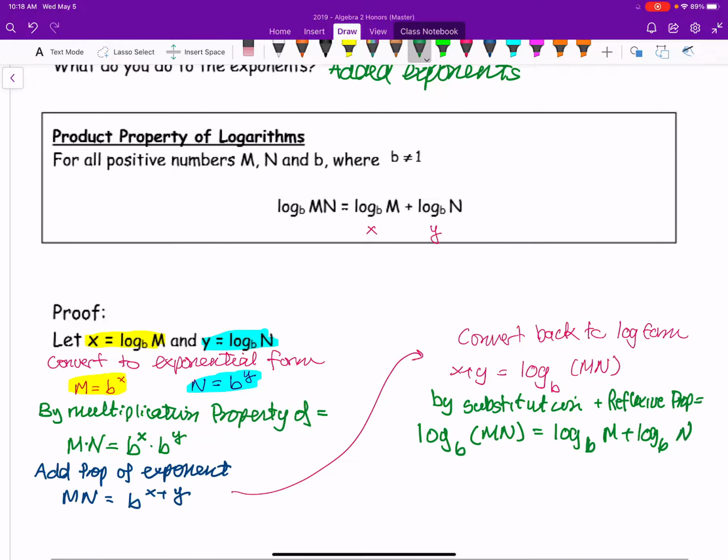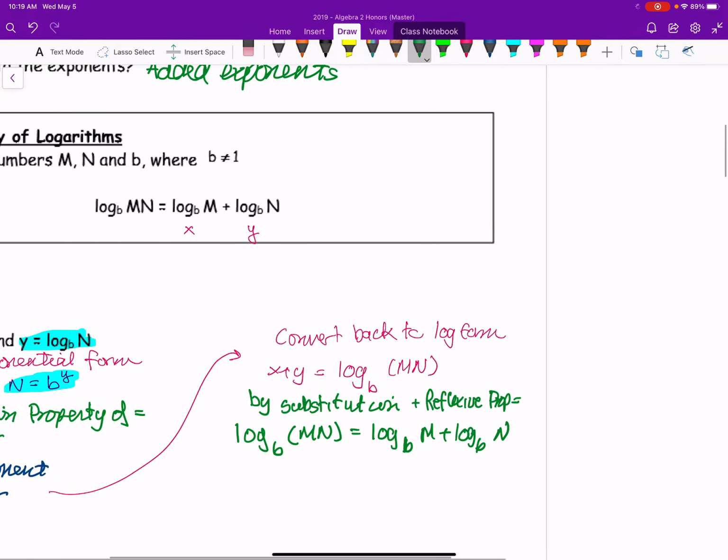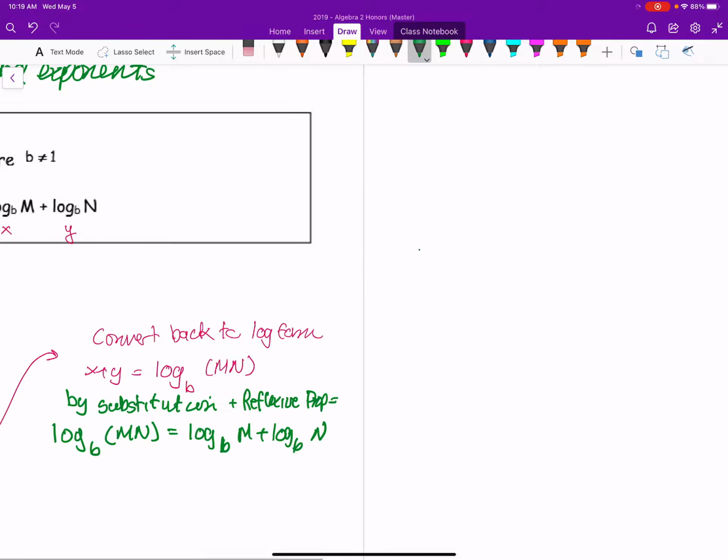What does that mean in terms of doing problems with this? Just a little aside here. Let's say I had log base 5 of 3x. I could rewrite that as log base 5 of 3 plus log base 5 of x. I could write them as two separate things. Now that doesn't look super helpful, but let's say I had log base 5 of 5x instead.